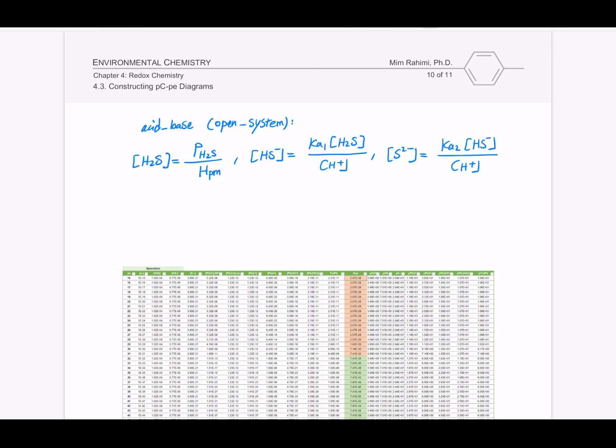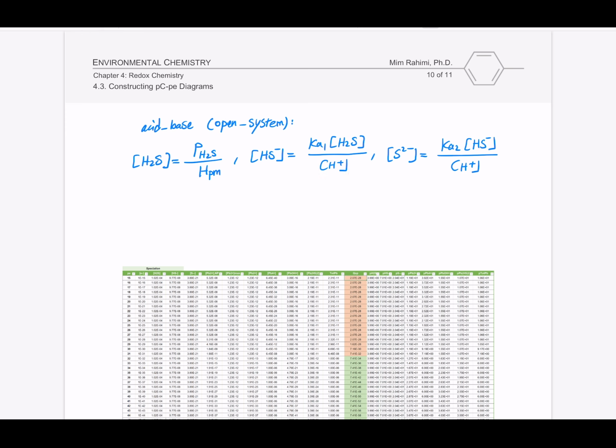So this is fixed, right? Because it's a function of the partial pressure and then HPM. Can we say this is also fixed? This one. So this is fixed because these two are fixed. pH is also fixed.